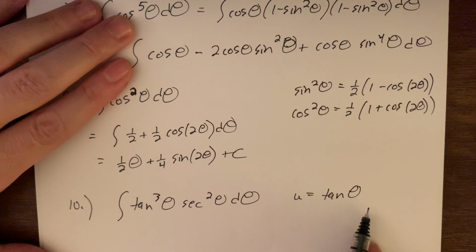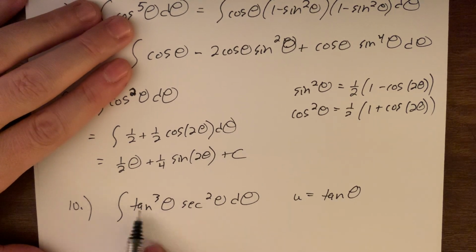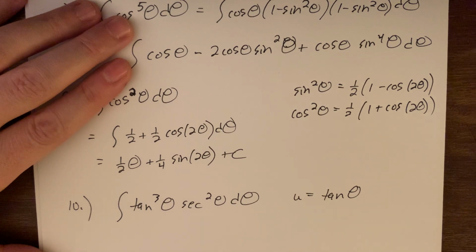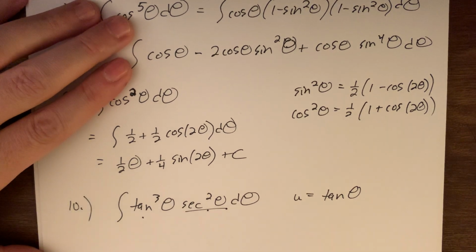I know I said earlier, one trig function to a power, and here we see both trig functions raised to powers, but listen to the full statement. One trig function raised to a power, any power, with the derivative of that trig function sitting right next to it. This is the derivative of this.